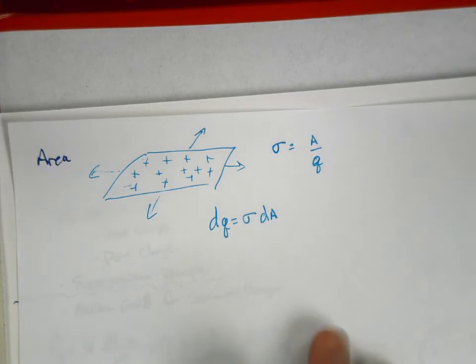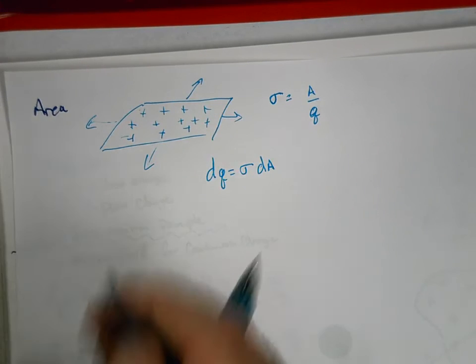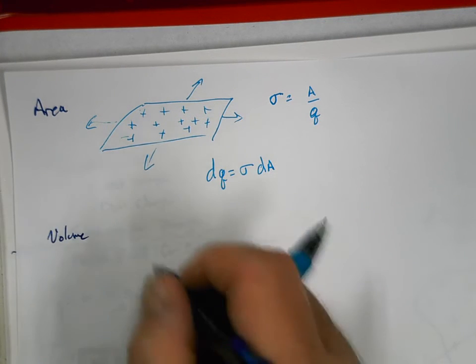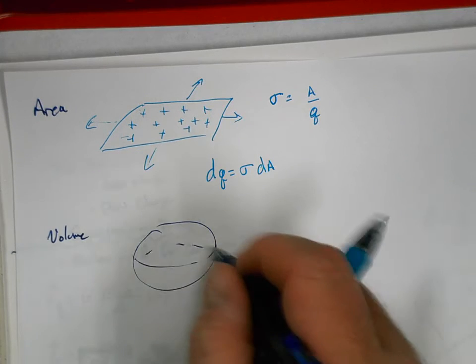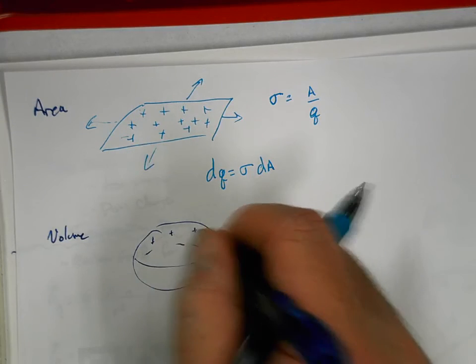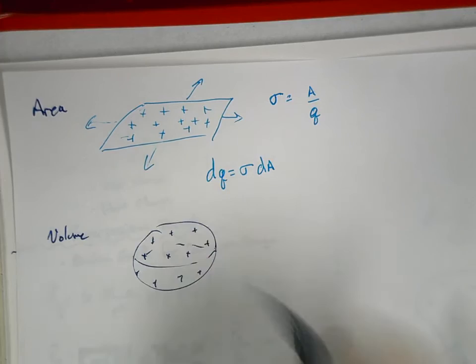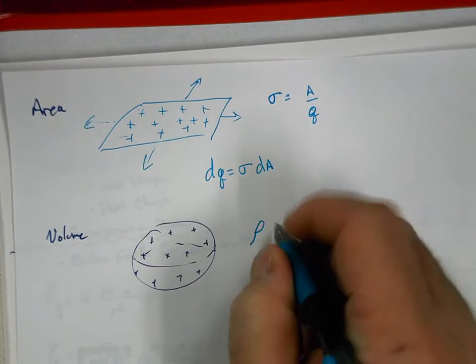And also finally, we have volume. So if we have a sphere with a uniform charge on it, we deal with rho as our charge density.